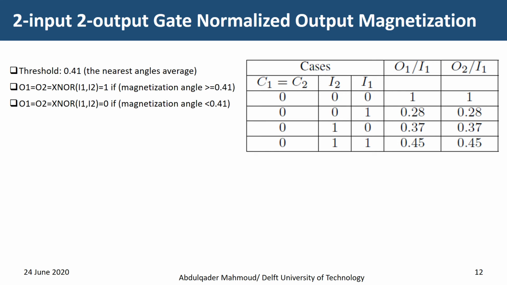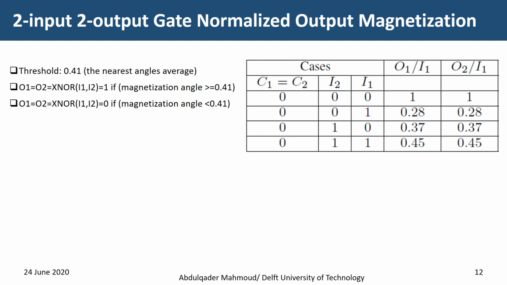Now the condition is that to implement XNOR, if the magnetization angle is greater than 0.41, it will be 1, which means that 0, 0 and 1, 1 give 1, 1. And if the magnetization angle is less than 0.41, then the output will be 0. This means the XNOR gate.